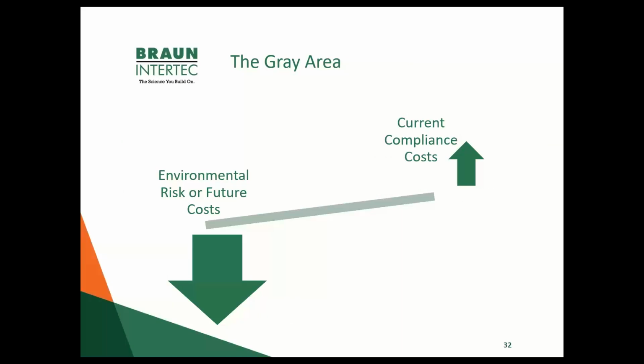So again, as you look at how you optimize your compliance, it's a balance between the cost of your investments and the cost of maintaining that compliance and being able to reduce your environmental risk and future costs.